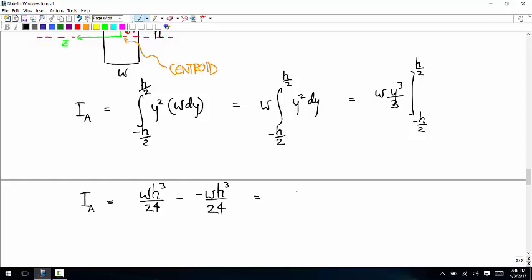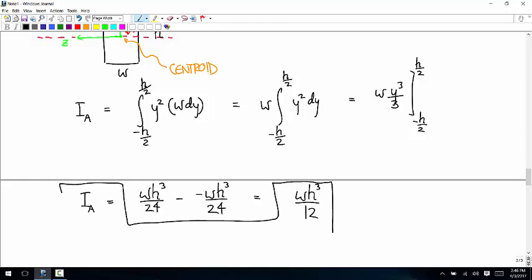Your final answer then is w h cubed over 12. And so you'll just use this formula.